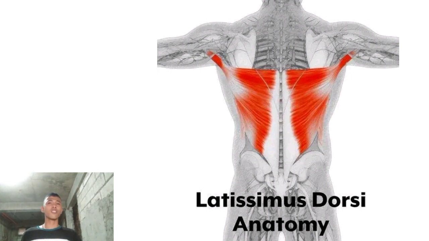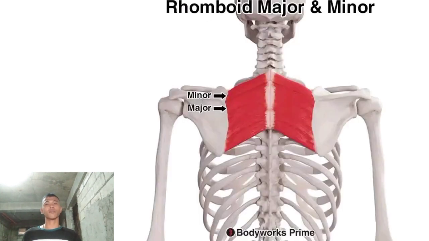The lats facilitate pulling movements and complement the arms in various physical activities, like pulling something into your body, or when you take something down from a shelf above your head. Also, they are heavily involved in many swimming movements.